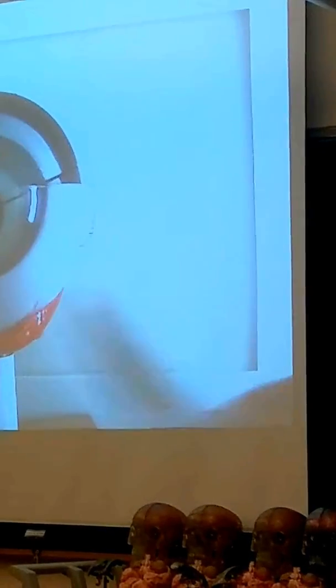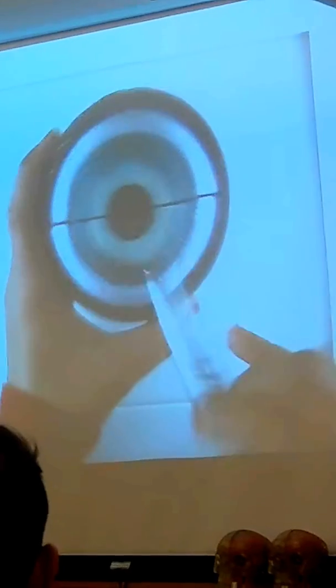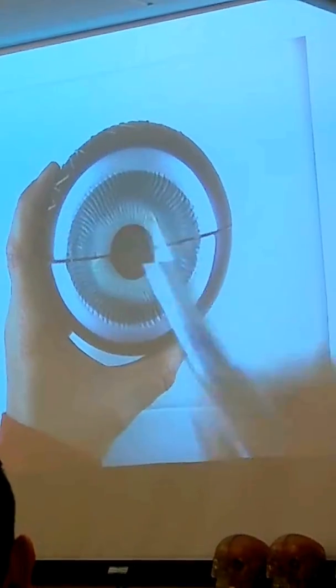Then, as usual, we'll open this model. So the white part of the eye is the sclera. Then this model will be kept like this. What is this? Cornea. What is this? Iris. What is this? Pupil.